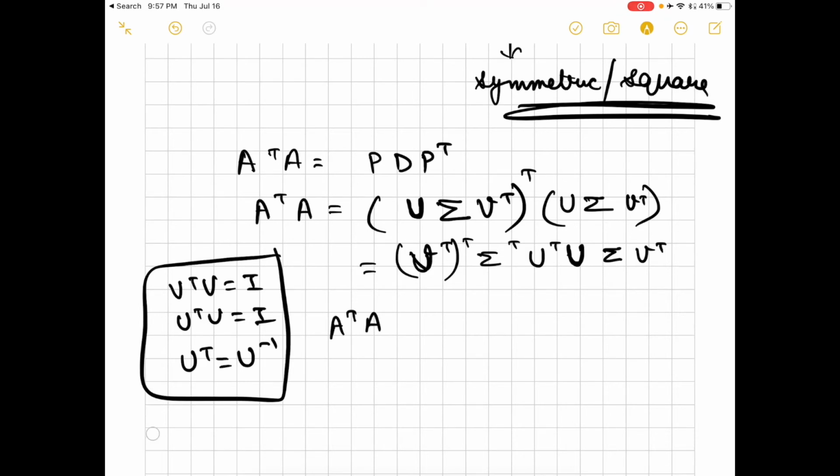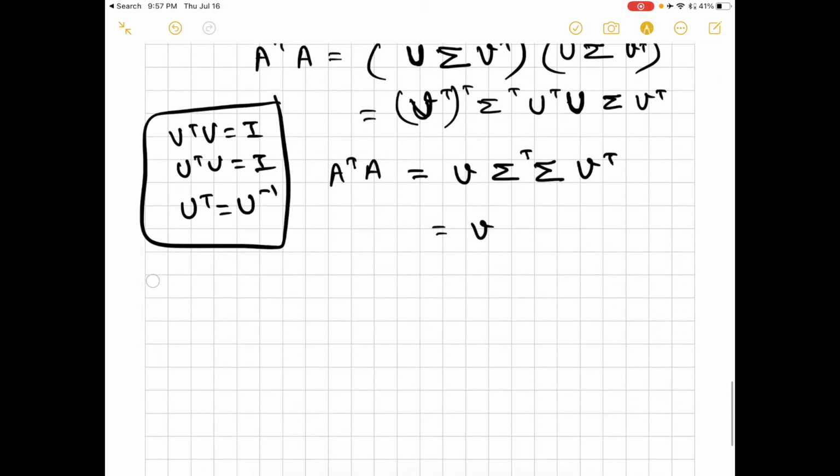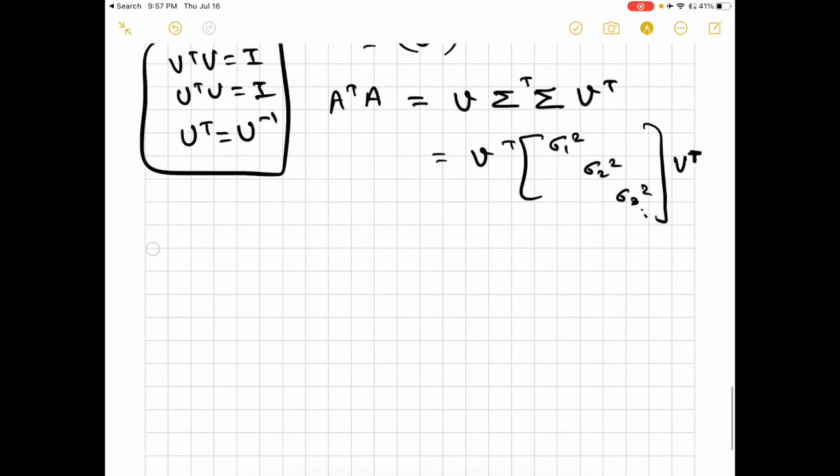So that would mean A transpose A can be written as V sigma transpose sigma V transpose. And since this, as we said, is going to be a diagonal matrix, sigma transpose sigma can be written as sigma 1 square, sigma 2 square, sigma 3 square, and so on. And here we are going to have V transpose.